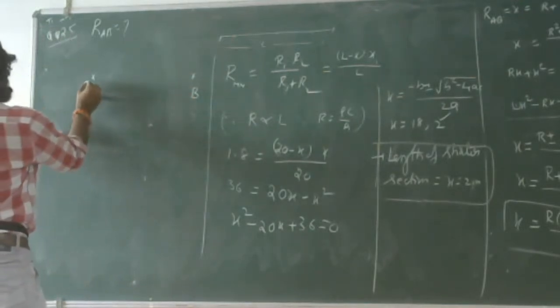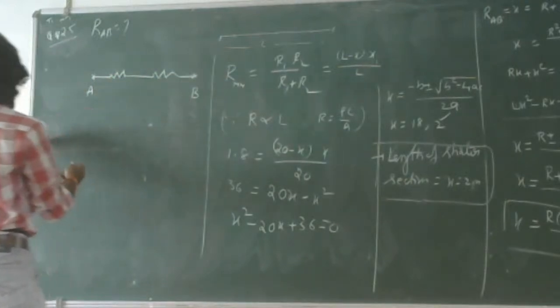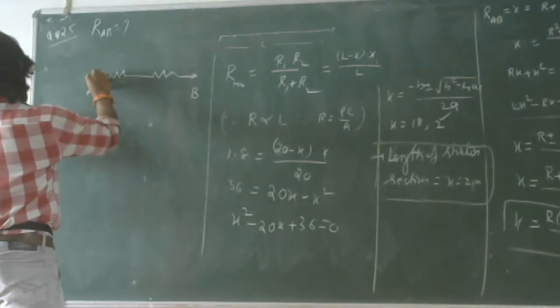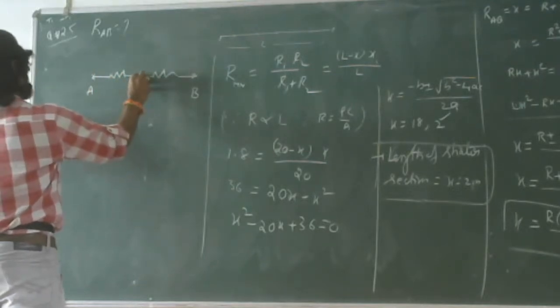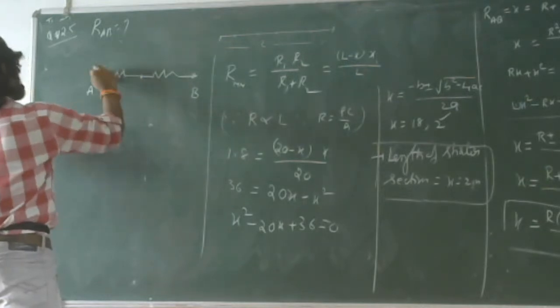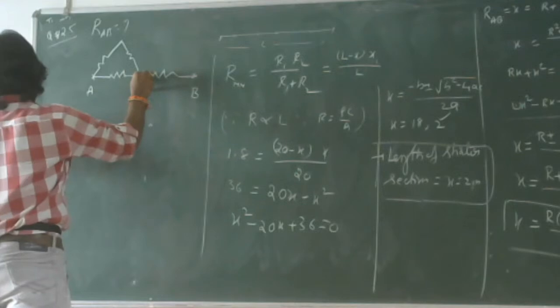So between A and B we have two resistors like this, and here let us say this is the midpoint. To this midpoint we have one resistor here and one more resistor here in a triangular form.